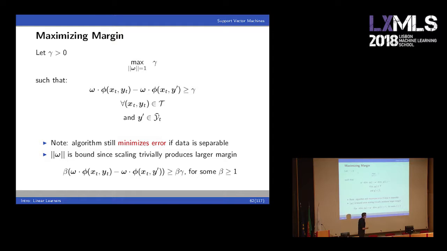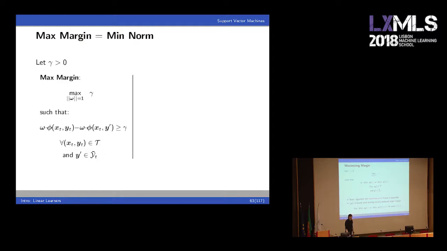You want to have this constraint in order to avoid these trivial solutions of just scaling the weight vector. So what we want is that the weight vector assigns a higher score to the gold standard example than to all the other examples by a margin gamma that is greater than 0. And this is again explicitly why we want to have the norm to be 1.